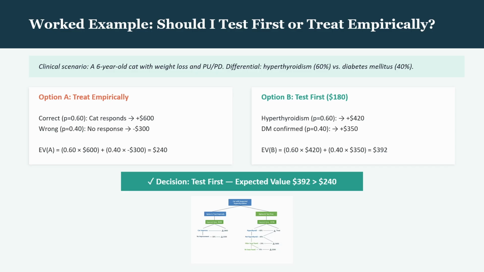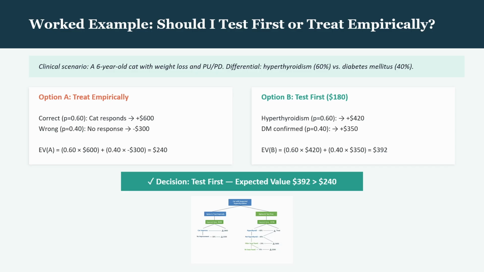If your clinical impression is correct and the cat is hyperthyroid, probability 60%, methimazole works. The cat improves and you save the owner $180 in testing. Assign this a net benefit of $600, accounting for treatment cost and the value of rapid symptom improvement. If your clinical impression is wrong, probability 40%, the cat doesn't respond to methimazole, you've wasted 3 weeks of inappropriate treatment and you now need to do the full workup anyway.